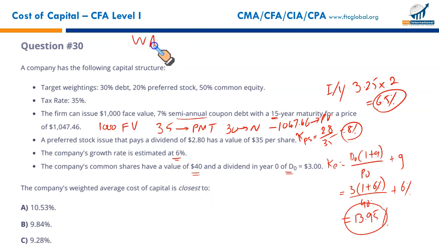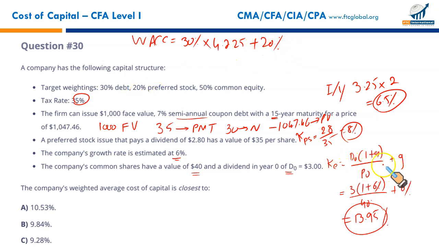Weighted average cost of capital is equal to debt is 30%. Tax rate has been given as, we always make mistakes in tax rates, 35%. So it's going to be 6.5 times 1 minus 35%, that's 4.225, plus 20% preferred stock.